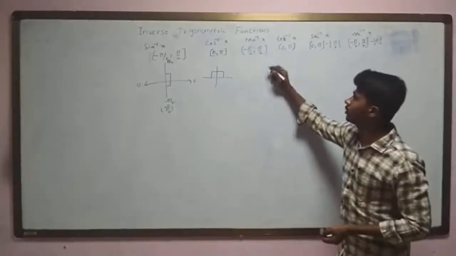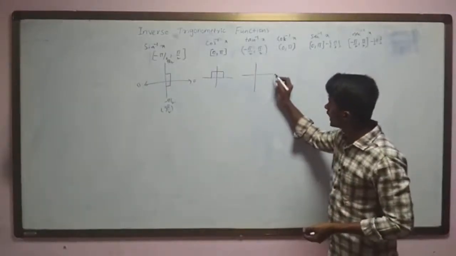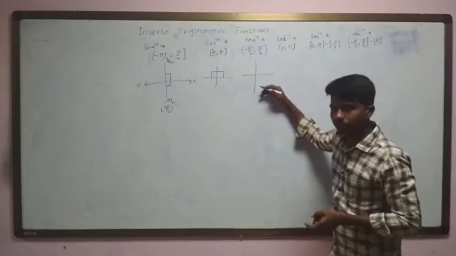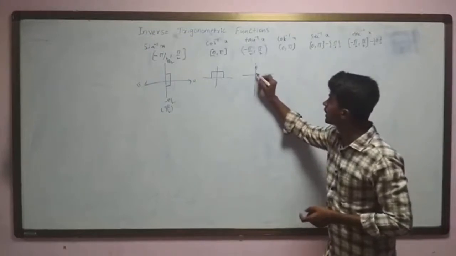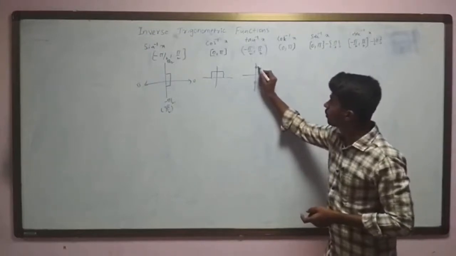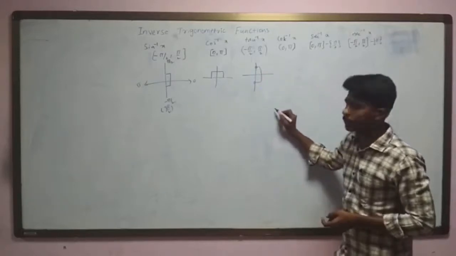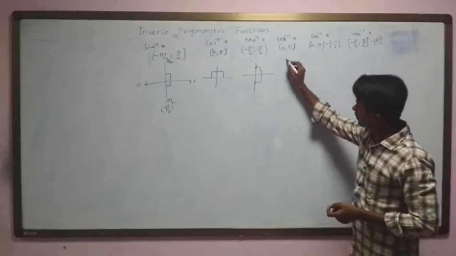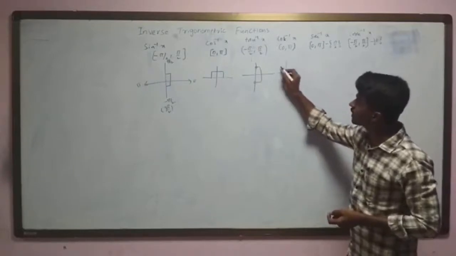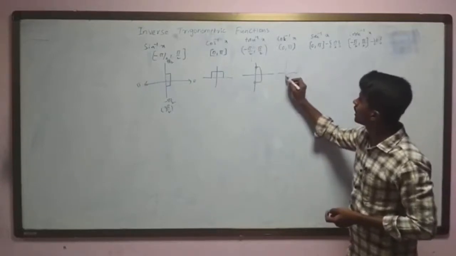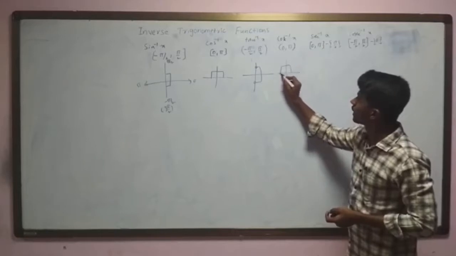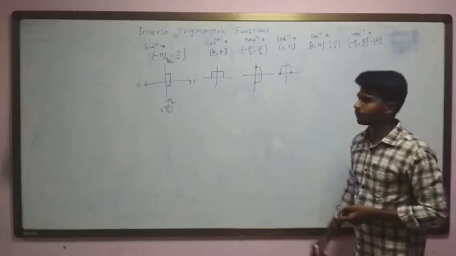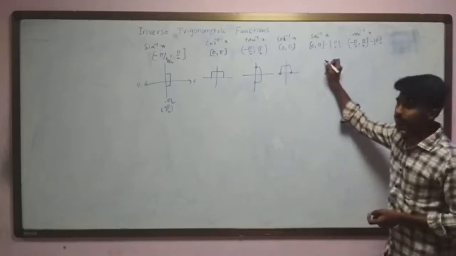Now going to tan inverse x. Tan inverse x also lies in between first and fourth, except pi by 2 and minus pi by 2. These two are excluded. Now cot inverse x lies in between first and second, but we won't consider 0 and pi. These two are excluded. Going to secant inverse x.